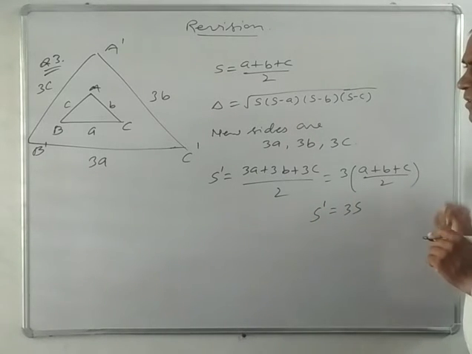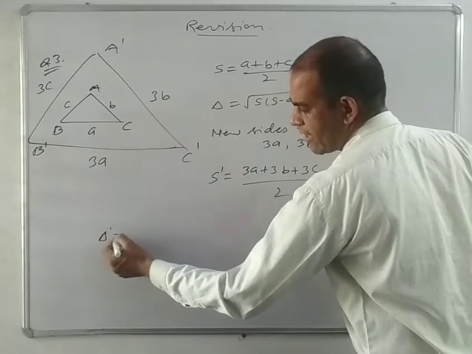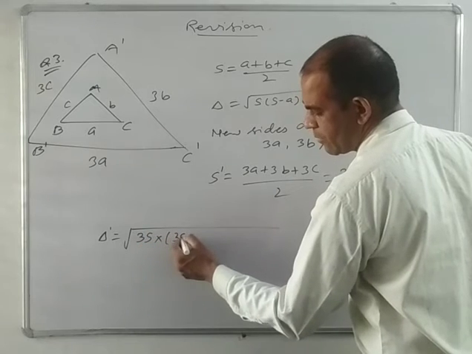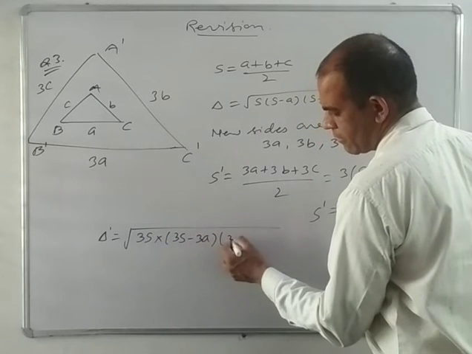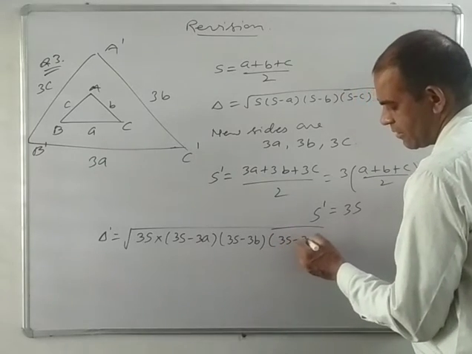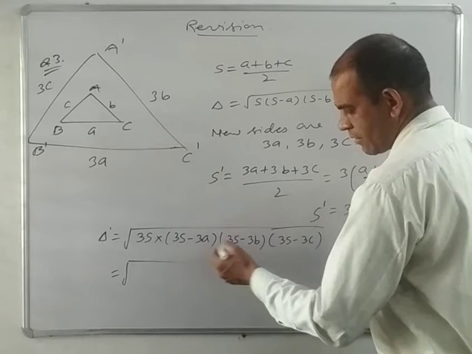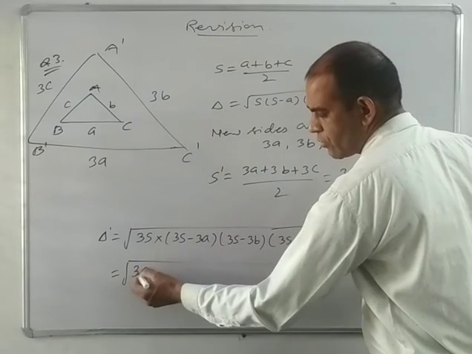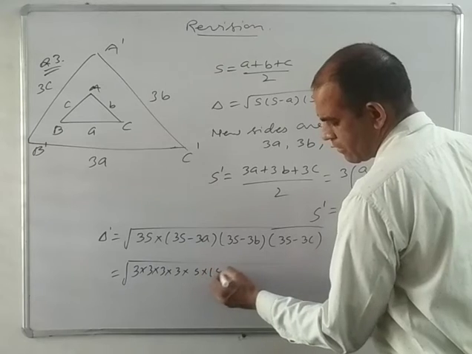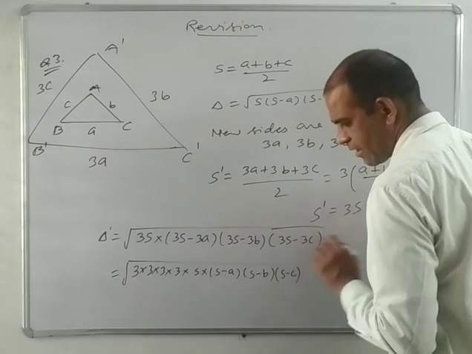So 3s. Again its area, delta dash, is the square root of 3s, 3s minus 3a, 3s minus 3b and 3s minus 3c. Here 3 is common, so 3 into 3 into 3 into 3 times s, s minus a, s minus b and s minus c.